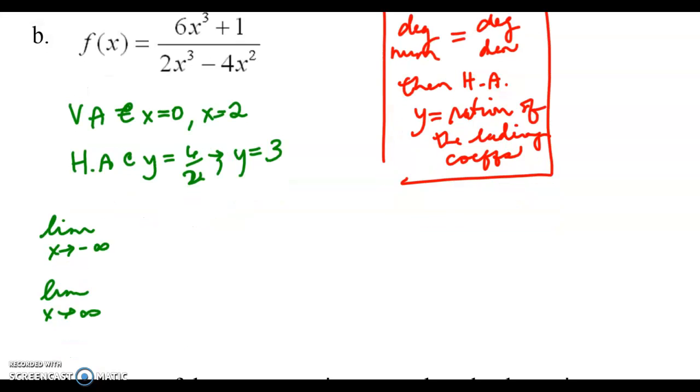If we move a little bit lower here, I'll extend the page.